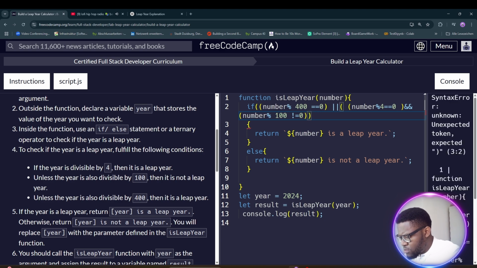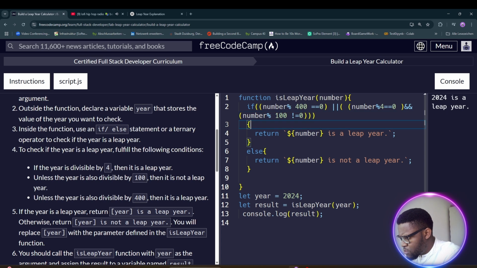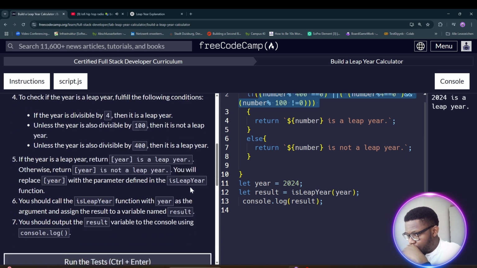I have to add the bracket. So if the year is divisible by 400, it's a leap year. If a year is divisible by 4 and it's not divisible by 100, it's a leap year. So when is it not a leap year? Anything that is not this one is not a leap year. I think I am correct.